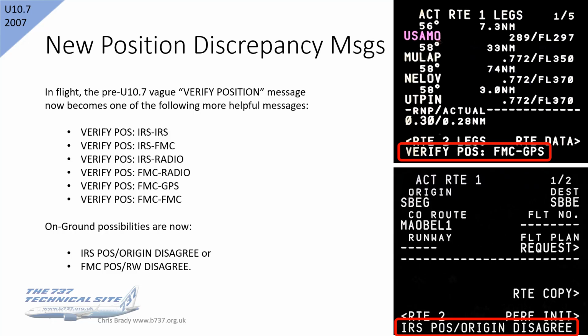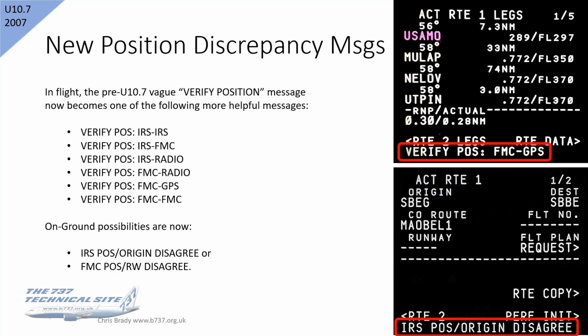What 10.7 brought was more definition as to what particular position needed verifying, because as we know there are many different positions: IRS, FMC, radio, GPS, and or any combination thereof.